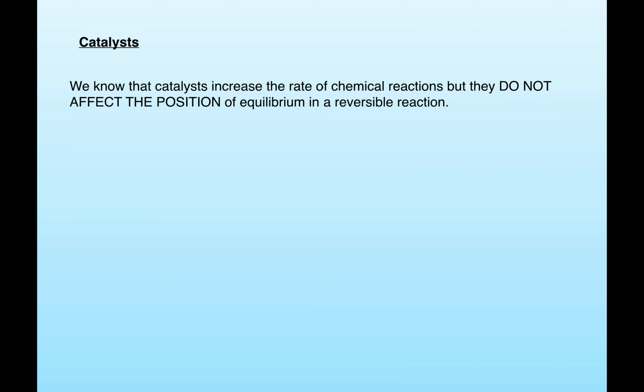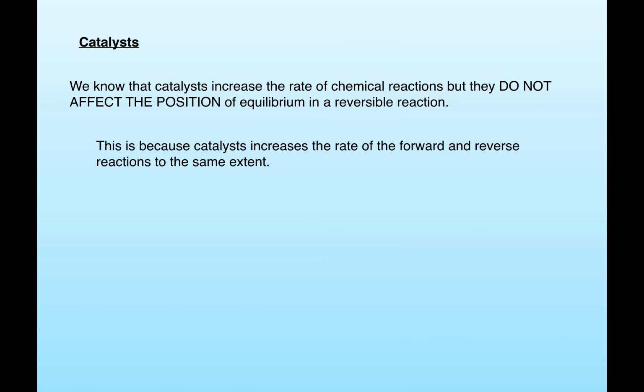Catalysts. Now we know that catalysts increase the rate of chemical reactions, but they do not affect the position of equilibrium. So in a reversible reaction, if I add a catalyst, it doesn't affect the position of equilibrium. But what it does is it increases the rate at which equilibrium is reached.